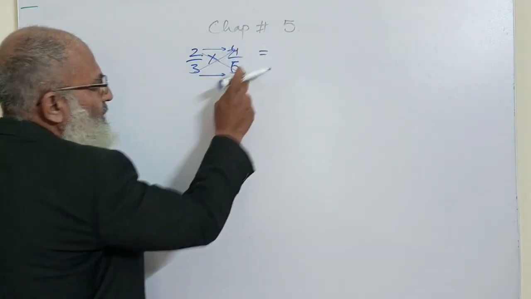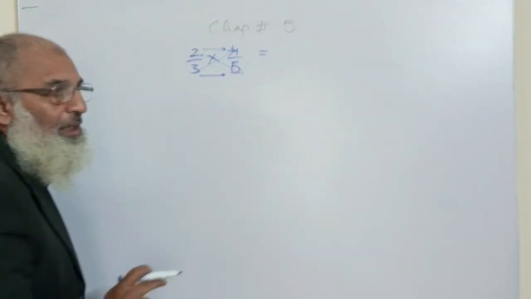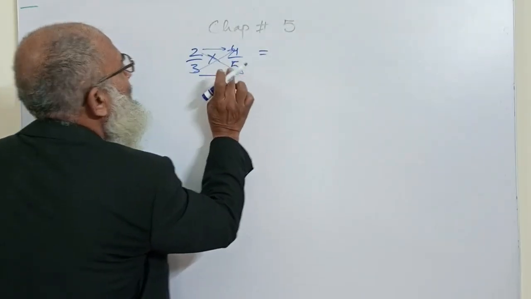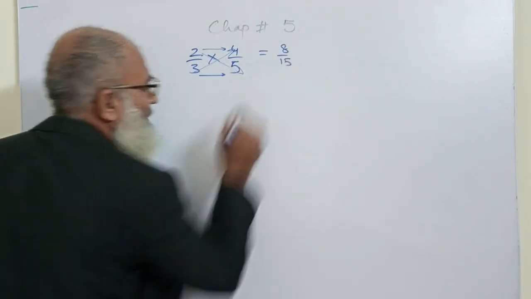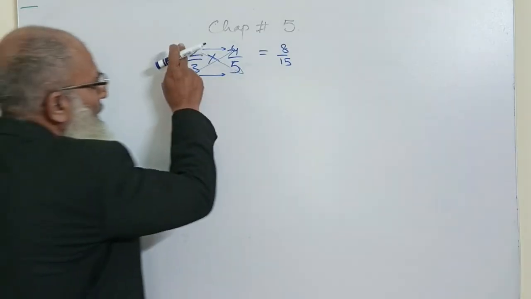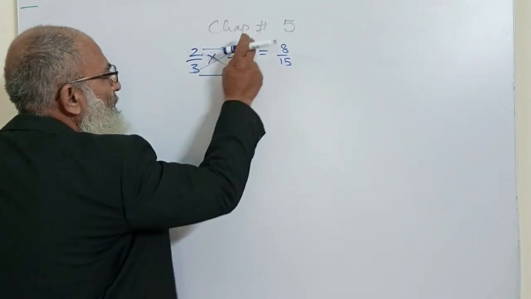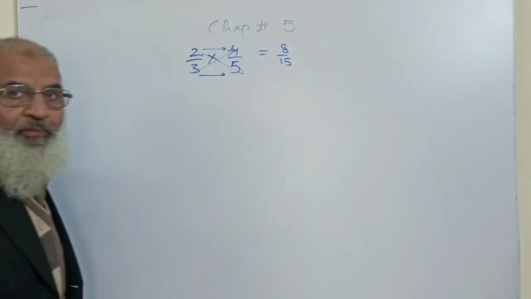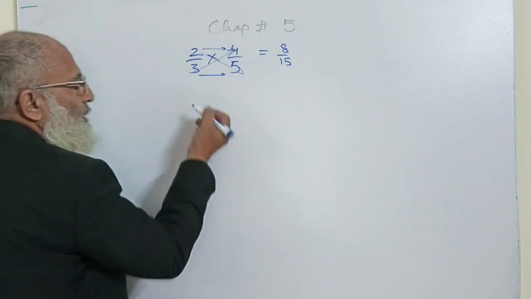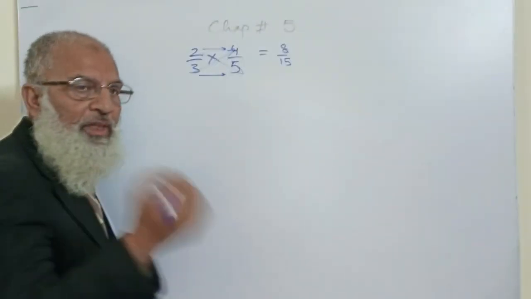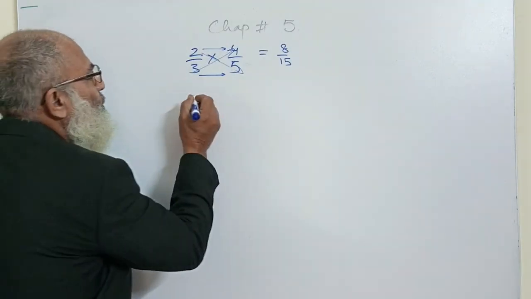You see, this is divisible by this, then this is divisible by this. Very easily, by doing straight multiplication, or if it is divisible, we could have divided from here to here or from here to here. Understand my point? But in addition or subtraction, whatever the case may be, we cannot do it like this.